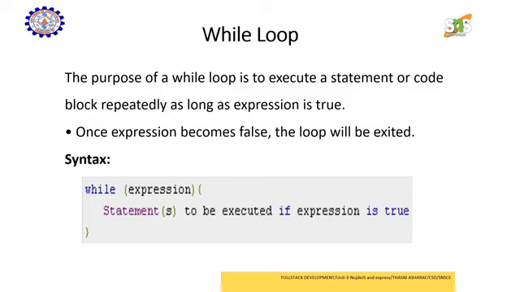Next, the while loop. The purpose of a while loop is to execute a statement or code block repeatedly as long as the expression is true. Once the expression becomes false, the loop will be exited. So while this is my expression is true, the statement will be executed. If not, it will not be executed.